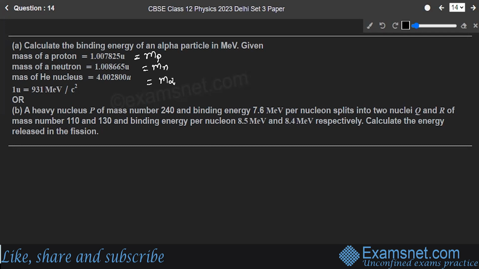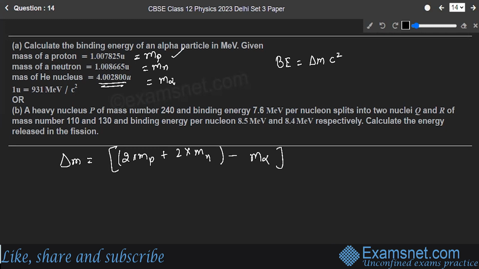The binding energy is given by the change in mass, that is your mass defect, multiplied by C square. First of all, let's calculate the mass defect. Since it is formed from two protons and two neutrons, it is 2 into Mp plus 2 into Mn minus the mass of the helium nucleus, M alpha.